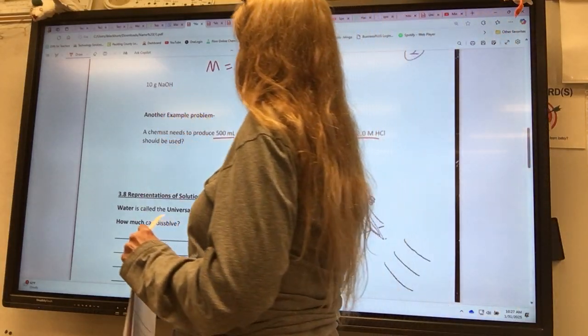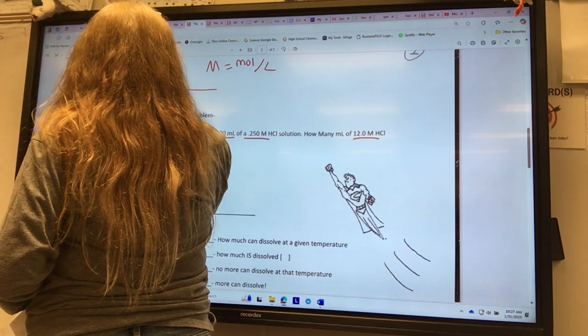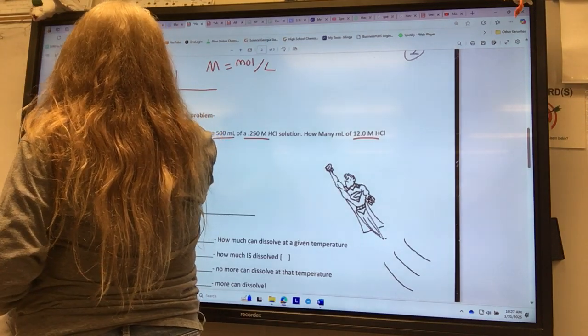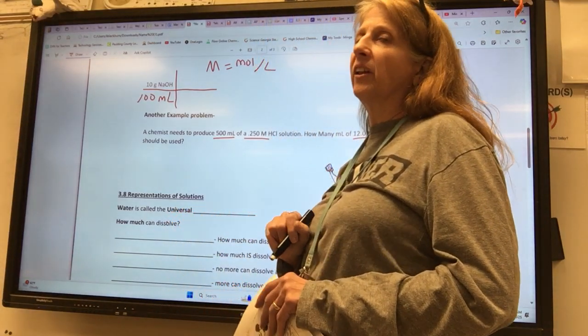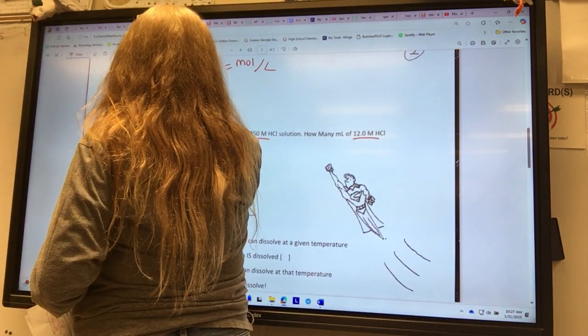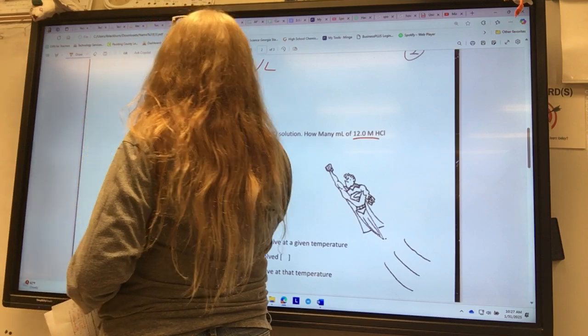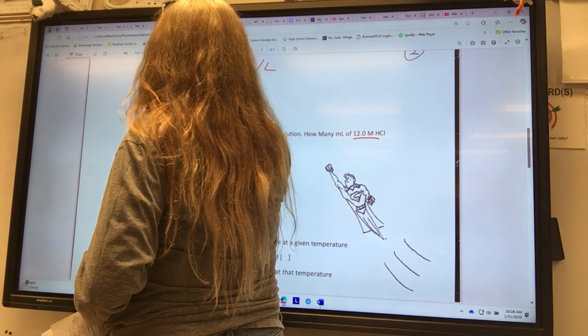So we have 10 grams of sodium hydroxide, and we're going to set up a conversion factor. We've got 10 grams in 100 milliliters of water. So first, let's change those grams to moles. We're going to put our molar mass, 40 grams, in the denominator, 1 mole in the numerator. Grams mark out.